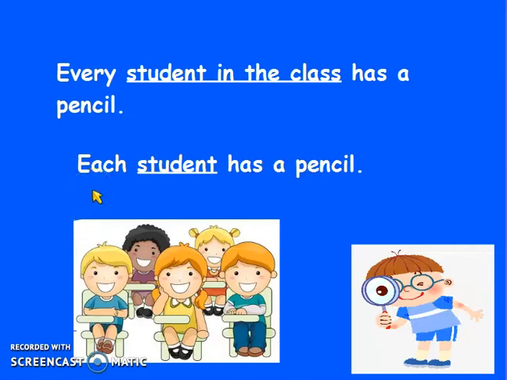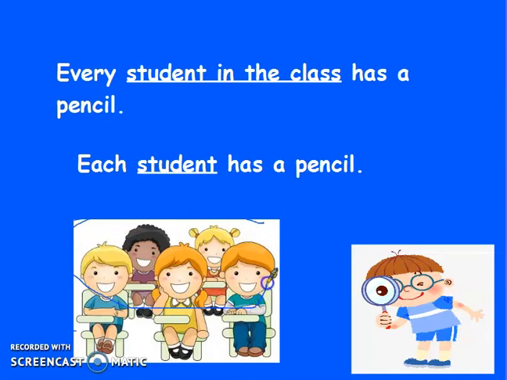Now, my students, I will read each sentence and I will act on the picture to understand the meaning. Then you have to answer me what is the difference between every and each. Number 1, every student in the class has a pencil.